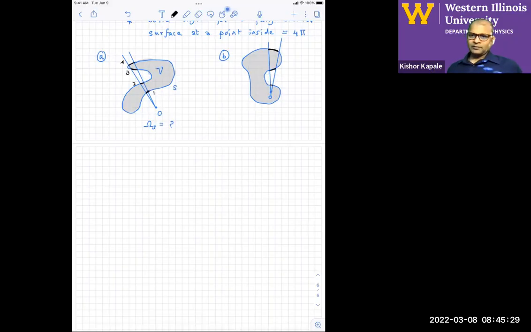So let's simplify this a little bit. You just tell me what would be the solid angle due to surface 1. We actually gave you a larger thing there, a complete volume that's enclosed by a surface S, and you're only taking a look at a tiny component of it. So there's the shaded one. What is going to be the solid angle, or comparatively, what's the solid angle of 1 and 2? And 3 and 4, magnitude wise?